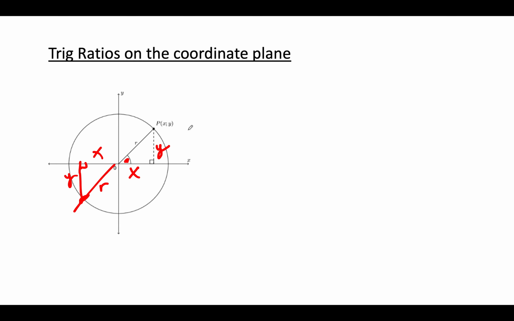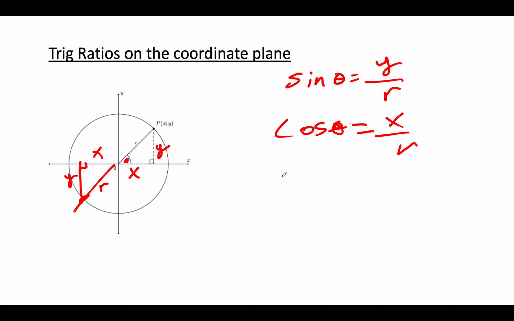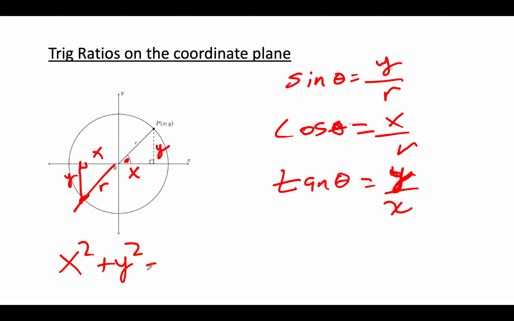So on that radius, I have the sine is equal to the opposite over the hypotenuse, and the cosine is equal to the adjacent over the hypotenuse, and the tangent is equal to the opposite over the adjacent. So if you know an x-coordinate and a y-coordinate, you can use the Pythagorean theorem to solve for r, and then you can find any trig ratio anywhere you want.